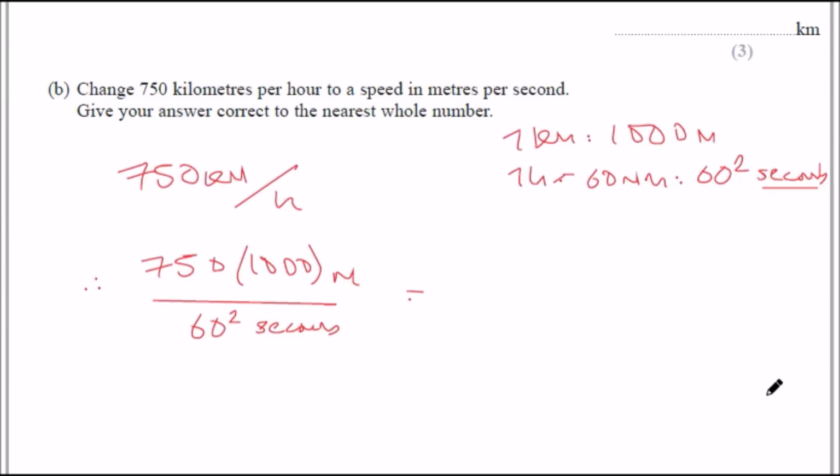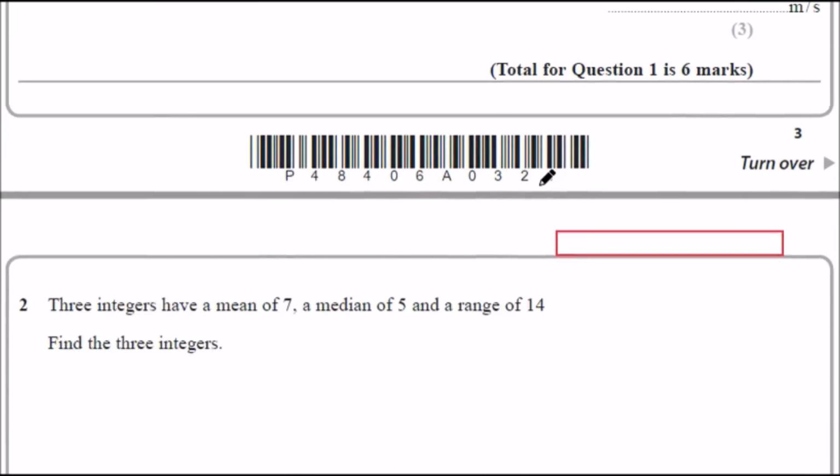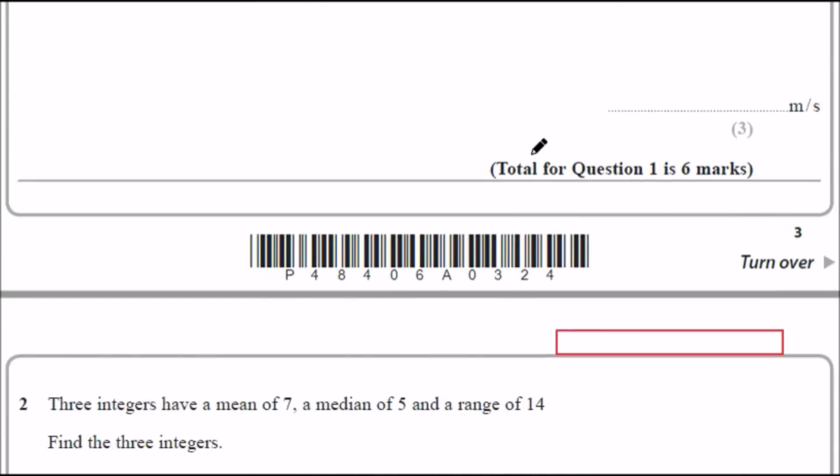Just do it all at once actually, guys, and you should get, to the nearest whole number, approximately 208 meters per second. Now if you think about it, that is pretty fast. 208 meters per second. Man, Usain Bolt won't even get that. That's really quick. Wow. Okay, that's it, guys. That's the answer. So it's 208.